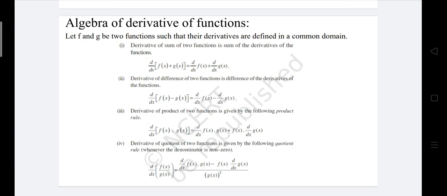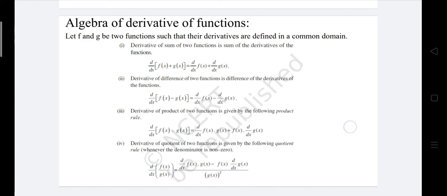If both are in a sum, f of x plus g of x, then we can calculate d by dx of f of x and d by dx of g of x individually, for example for sin x and for a polynomial function. Similarly for a difference, we calculate the derivative individually and take the difference to get the answer.